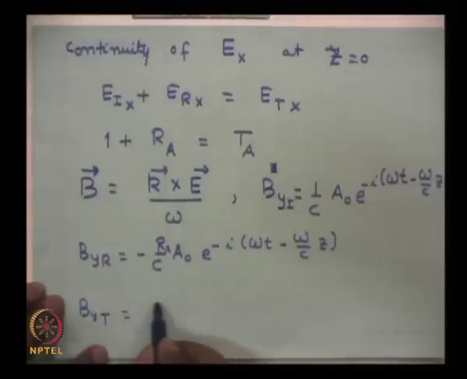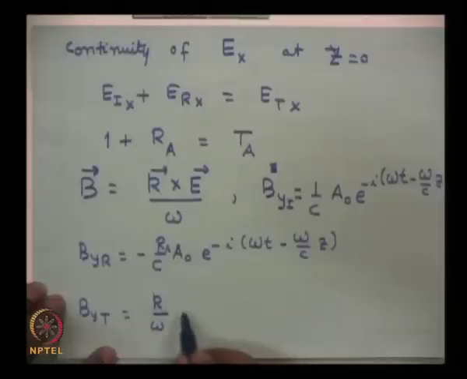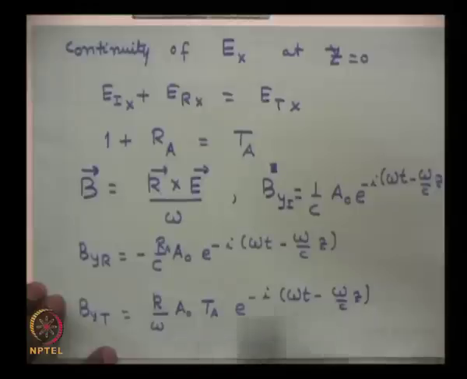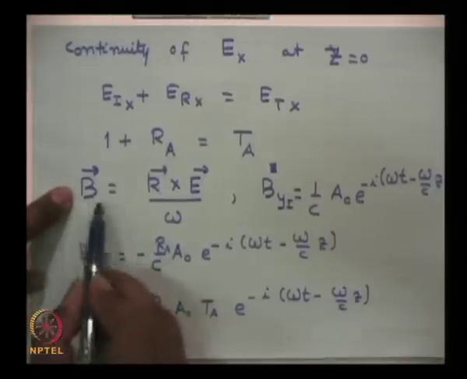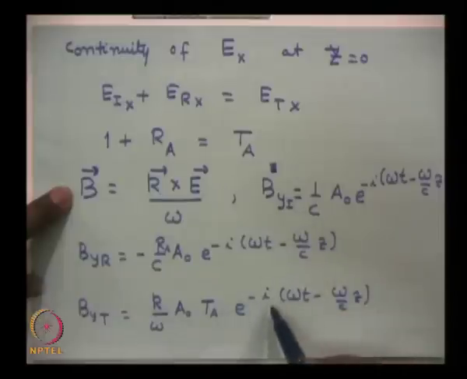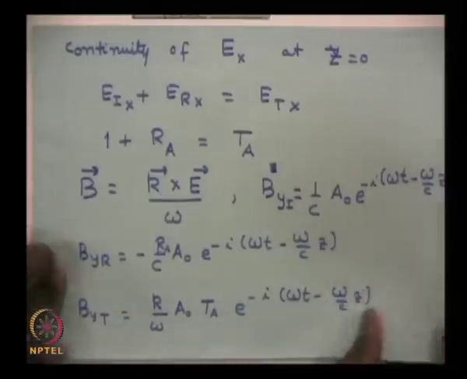This will be K upon omega into A0 into TA exponential minus I omega t minus omega by Cz. Just I have used this expression to write the fields due to 3 waves in 3 different forms.